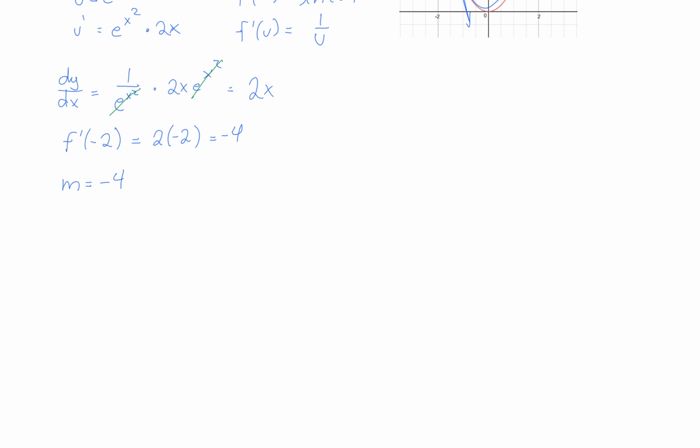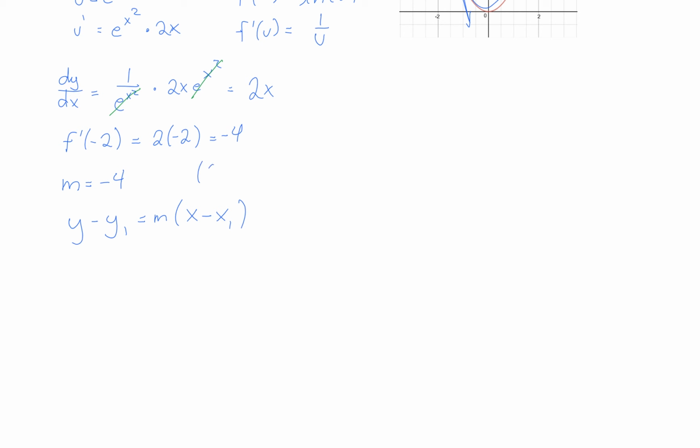So now I need to write the equation of the tangent line. Remembering again to our former algebra days, we have point slope form, y minus y1 equals m times x minus x sub 1, where x sub 1 and y sub 1 are our point.